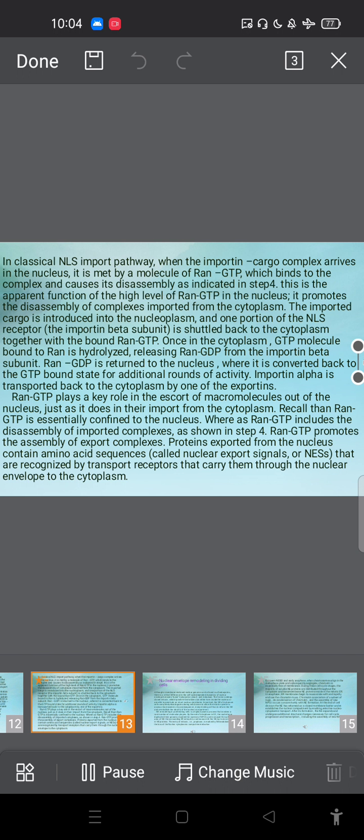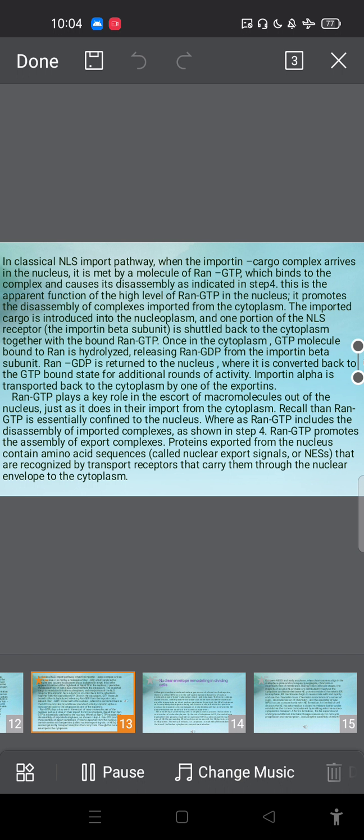Once in the cytoplasm, the GTP molecule bound to RAN is hydrolyzed, releasing RAN-GDP from the importin beta subunit. RAN-GDP is returned to the nucleus where it is converted back to the GTP-bound state for additional rounds of activity. Importin alpha is transported back to the cytoplasm by one of the exportins.